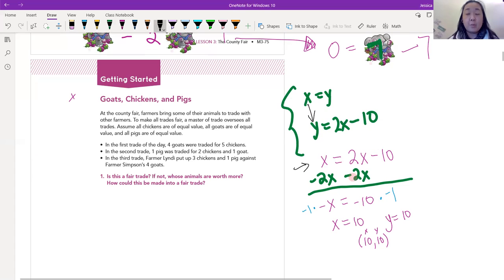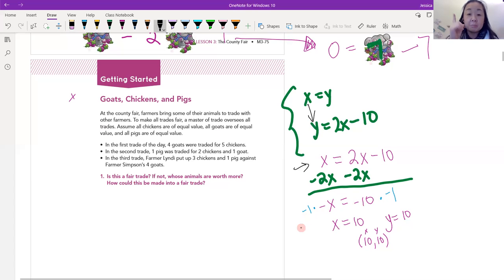Now, what we're going to do, this just goes back to algebra, the last unit. So you can either subtract X on both sides, or you can subtract 2X on both sides. I decided to subtract 2X on both sides. And what do you get? You get negative X is equal to negative 10. Well, how do you get rid of that negative?